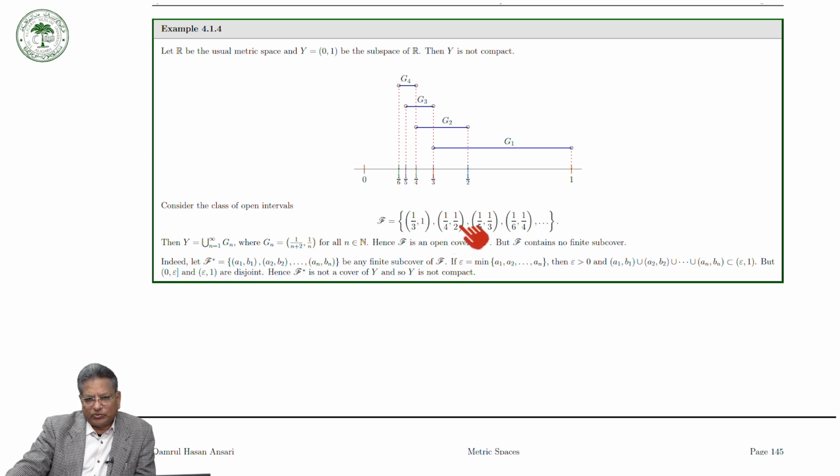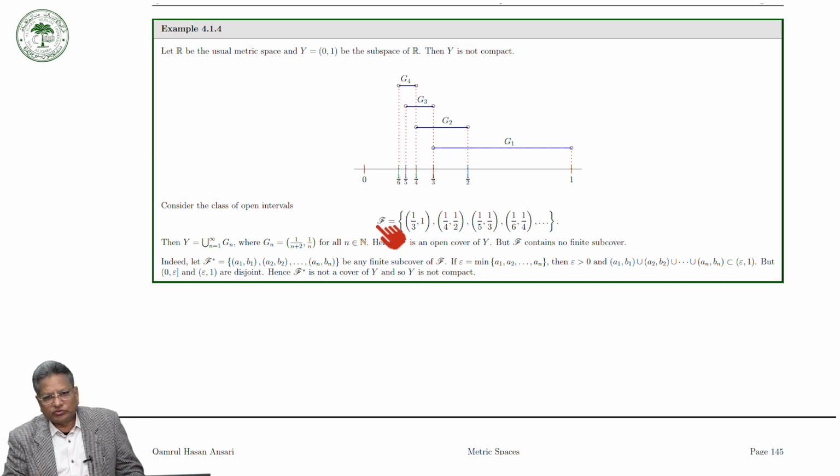You take the union of all these intervals, which are open sets in this space. So the union of these is equal to Y, and therefore this F is an open cover of Y. But this open cover of Y contains no finite subcover.